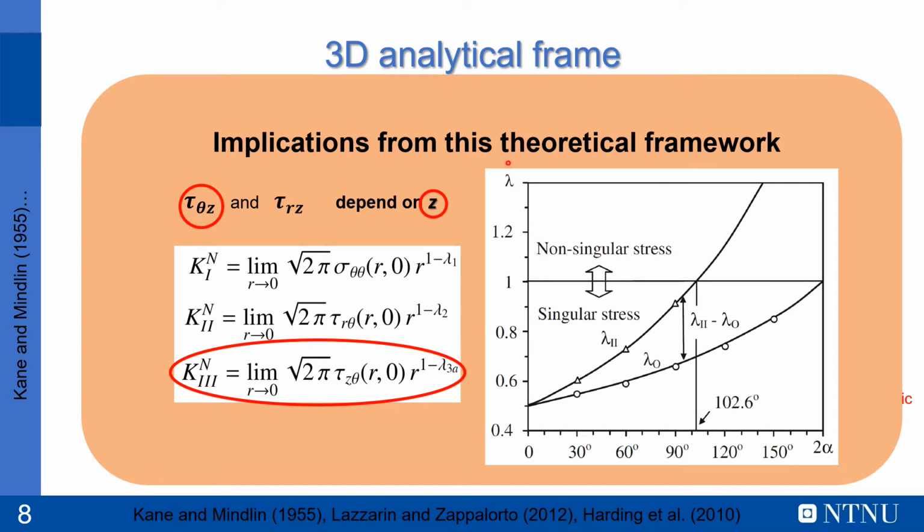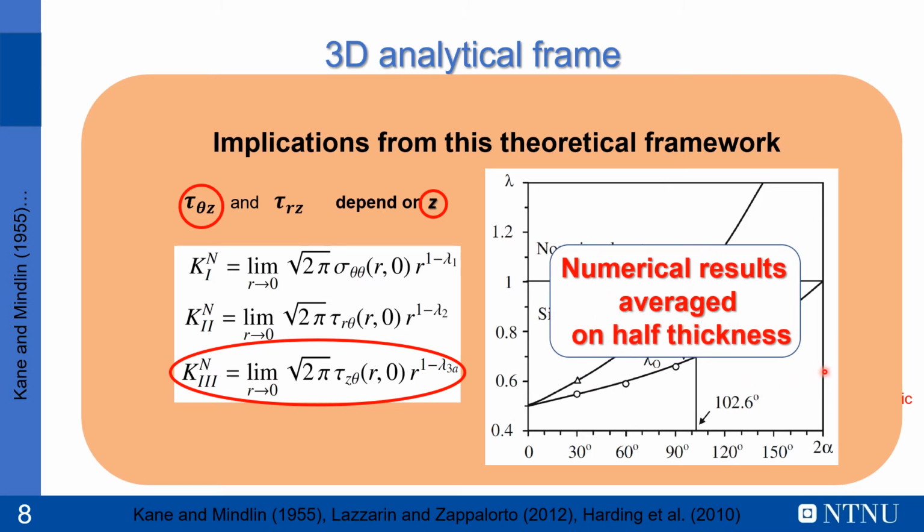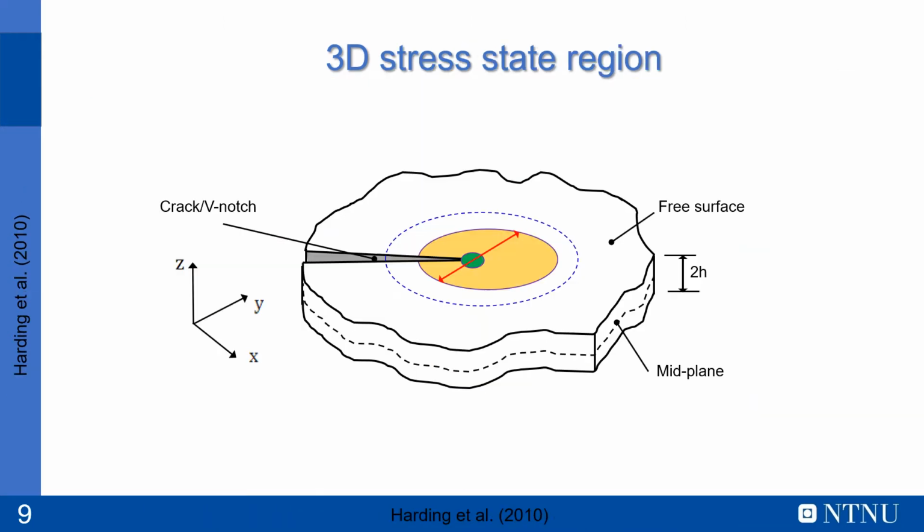Additionally, the eigenvalue solutions by the analytical equations fit very well with the numerical results, even if these have been averaged on half of the thickness. And this could represent a problem because the singularities, as I've said before, vary along the thickness.